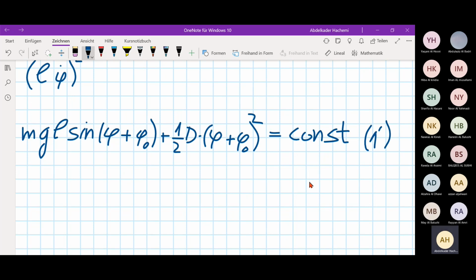Now, to get the differential equation, we have our equation. This is the equation of conservation of energy. Now it's defined as a function of phi. Phi 0 is constant, here as a function of phi, d, and phi dot.